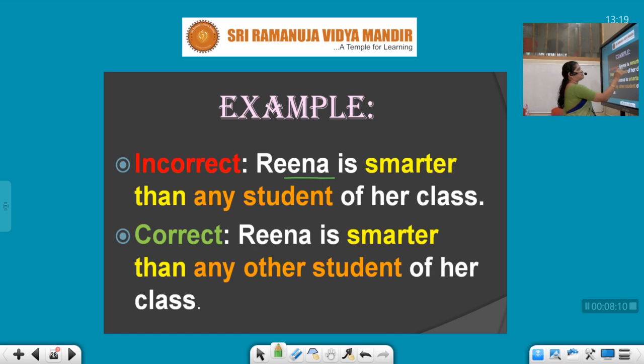Reena is smarter than, say for example, Seema. Now I am comparing two people over here, that is Reena and Seema. So this is correct. I am comparing two people, so I say Reena is smarter than Seema.